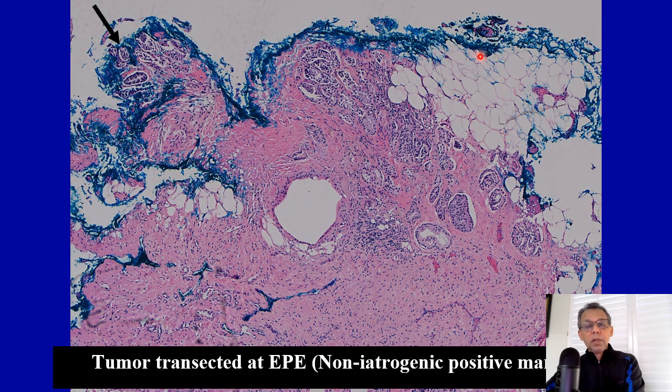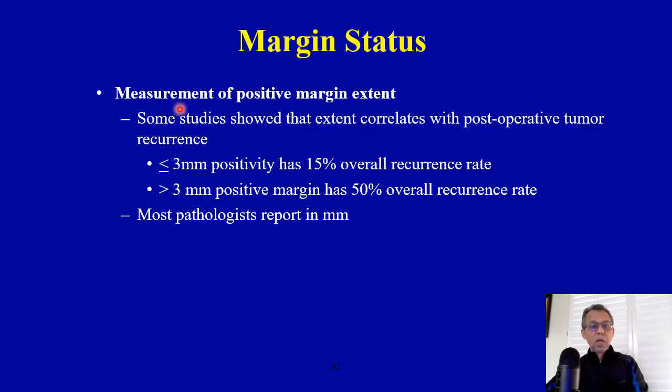In comparison, this is a non-iatrogenic positive margin where you see clearly extraprostatic tissue at the inked margin of resection. So I think separating these two types of margin positivity is very important for urologist information.